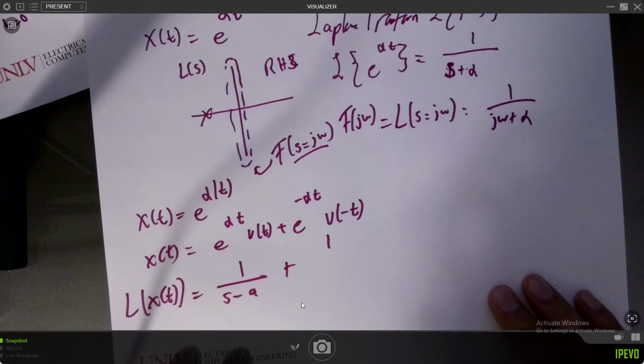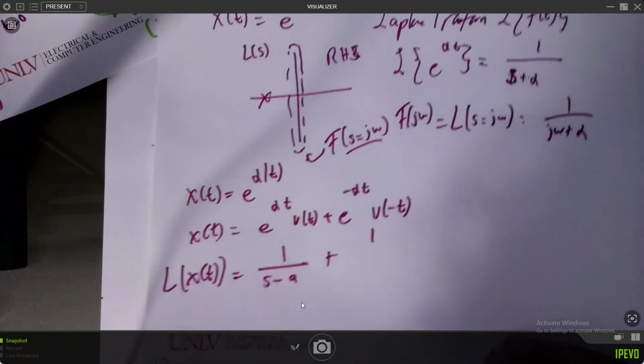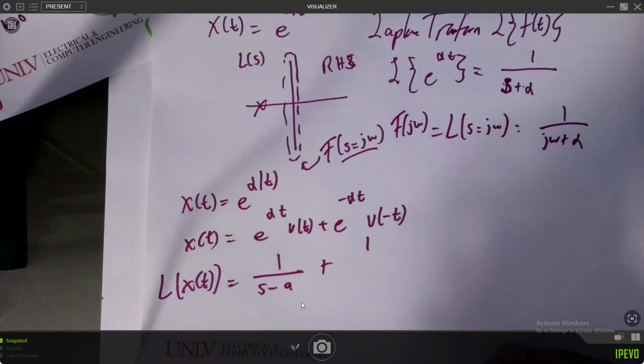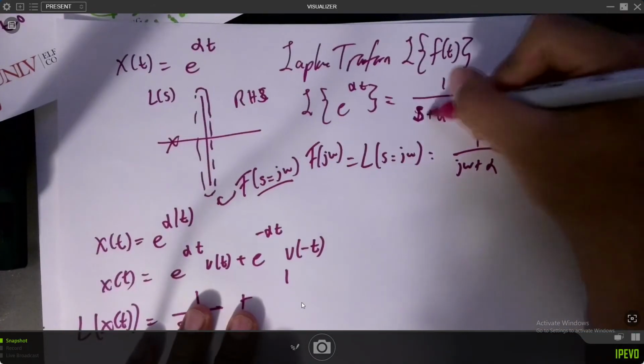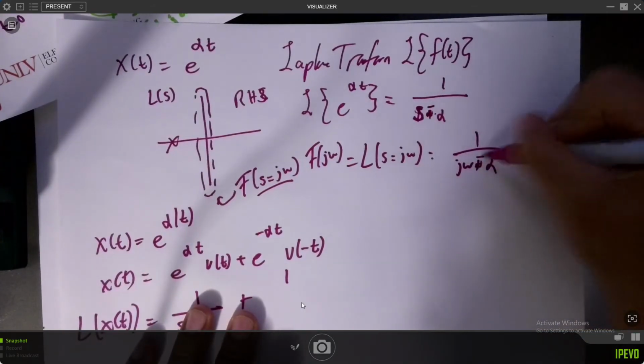I think, wait, s minus a when a is equal to 1. No, I'm trying to look at this right here. That's bothering me. Yeah, this should have been minus. That should have been minus.